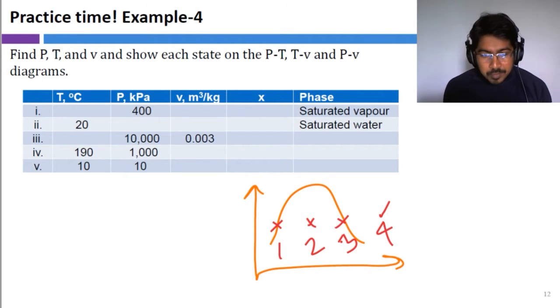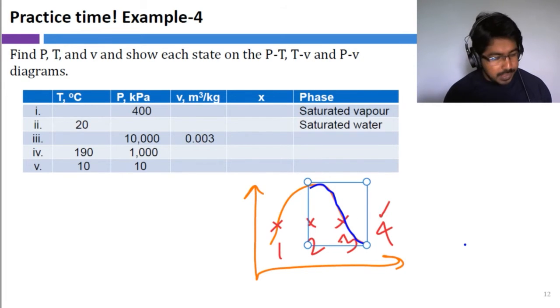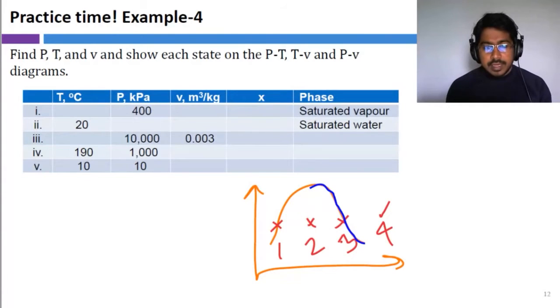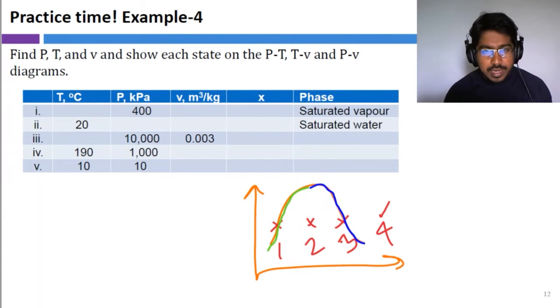Maybe I have given you a wrong impression, because it's saturated vapor, right? It's not superheated vapor. Yes, now you guys are getting it, because this portion of the line is specifically called the saturated vapor line, and this portion of the dome is called the saturated liquid line.